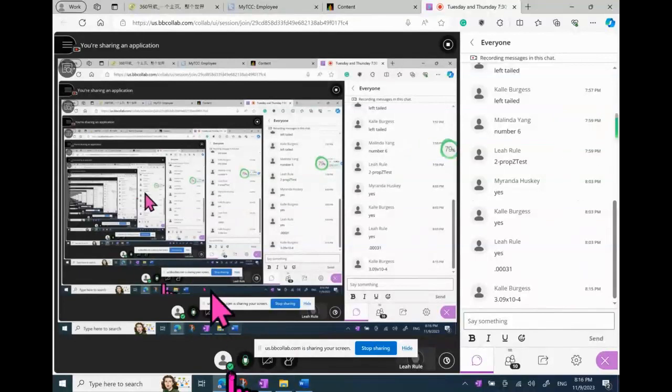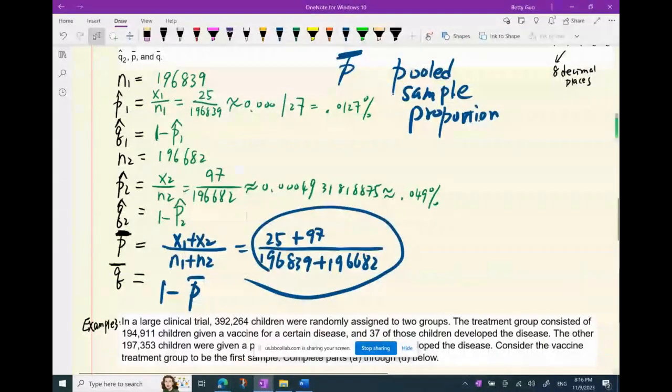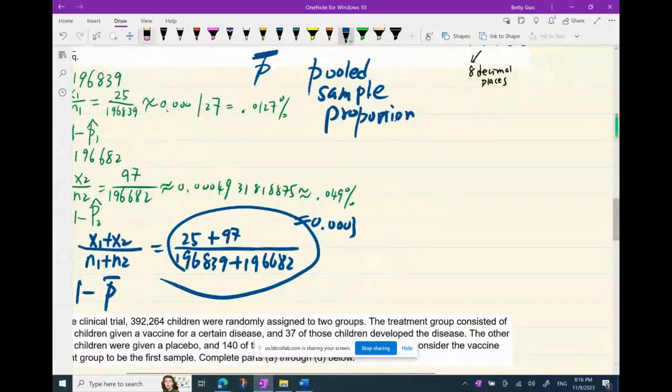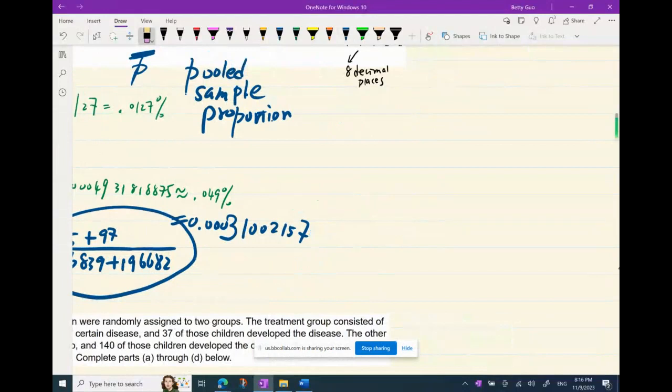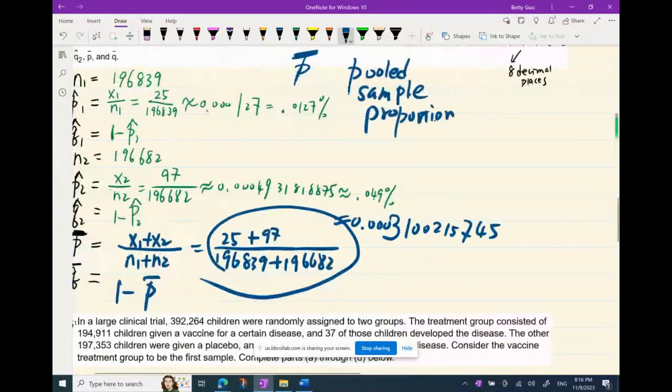What I have is a little bit off, 0.0003100215745.